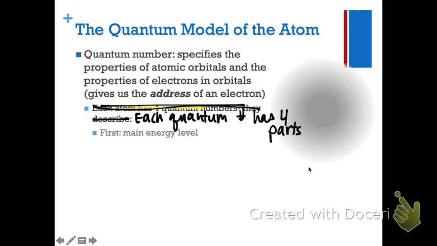The first part tells us the energy level, or what shell level we are at. So if I know my electron is in a 1s orbital, that tells me it's in the first energy level.